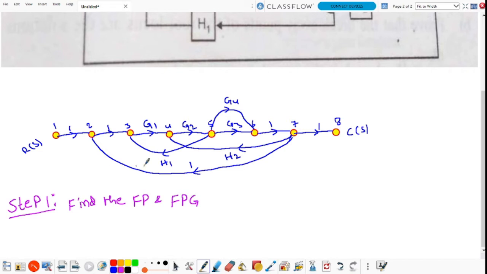So the first forward path is 1 to 2, 2 to 3, 3 to 4, 4 to 5, 5 to 6, 6 to 7, 7 to 8. That is forward path 1.